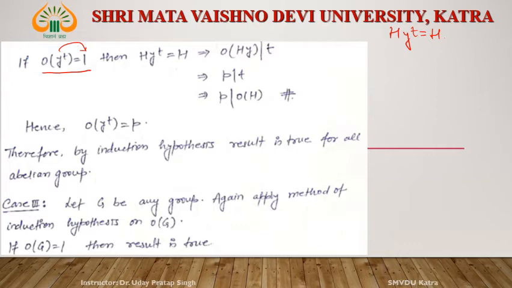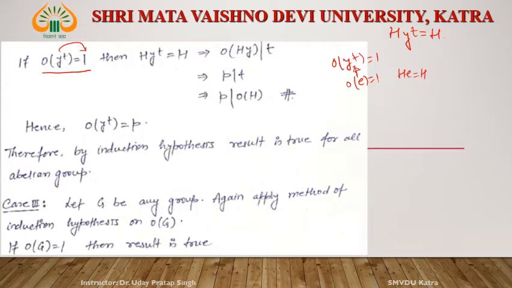Since the order of y^t is 1, what is the order of identity? That is 1. This y^t is like the identity. Then what is He?